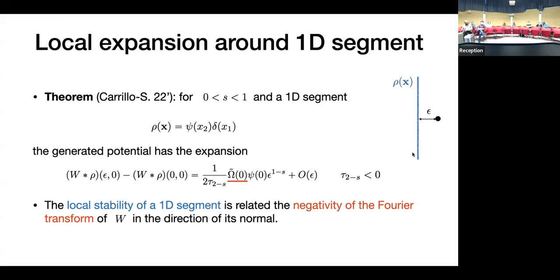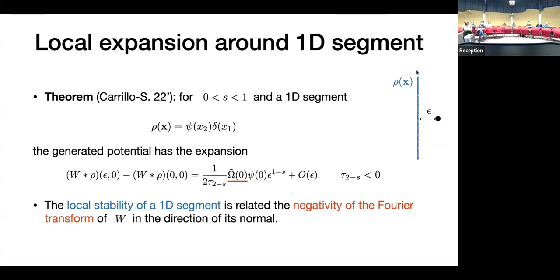this one-dimensional distribution, then it cannot serve as a minimizer because it violates the Euler-Lagrange condition. Okay, and it turns out that the leading term in this local expansion is determined by the sign of some point value of the Fourier transform.